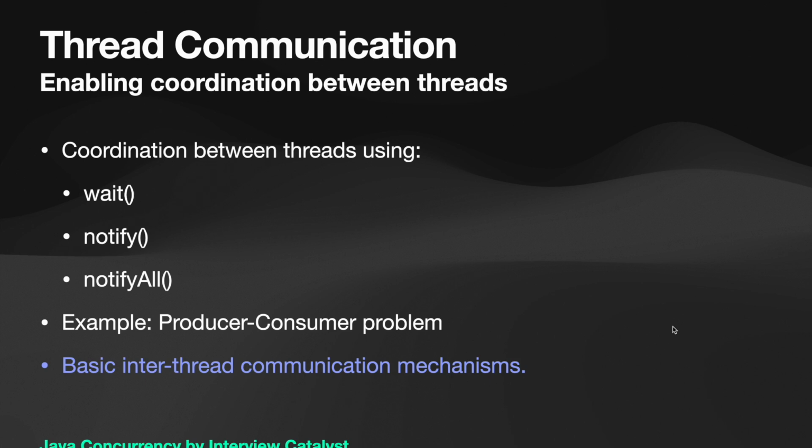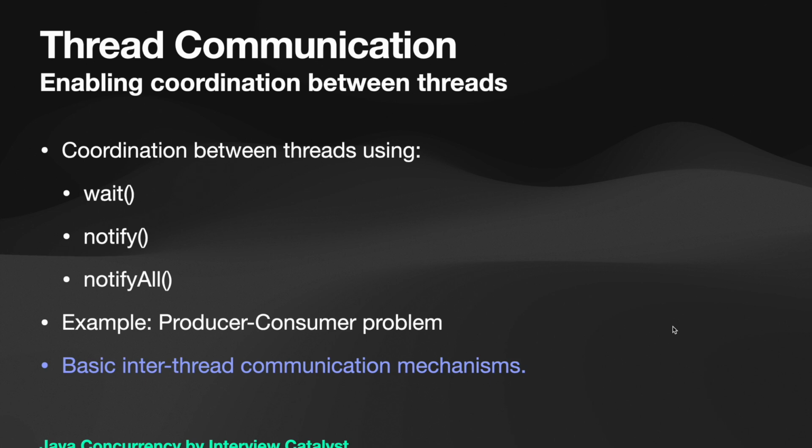The notifyAll awakens all the waiting threads and they compete to get the CPU and resume their execution. One standard problem for thread communication is the producer consumer problem that we are going to implement in the upcoming videos.